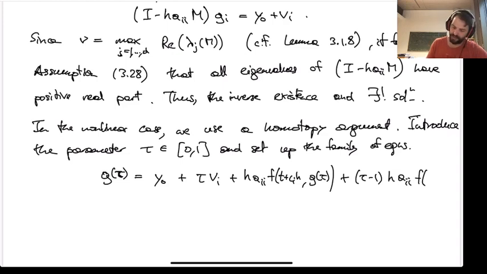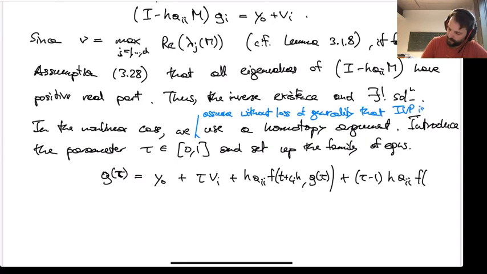It is autonomous. Okay, so without loss of generality, let me just put that in here. We assume without loss of generality that the initial value problem is autonomous.